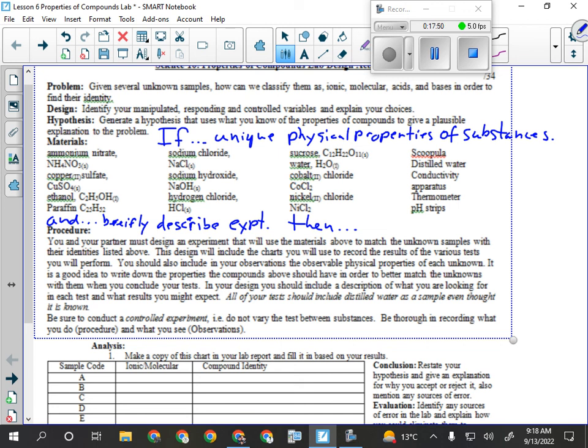But let's say observations, results, or something like that. And that will allow us to identify. So there has to be: this is what will happen, and this is what it'll let me do. That's what goes in the then part. So then predict results, and what they'll let you do.